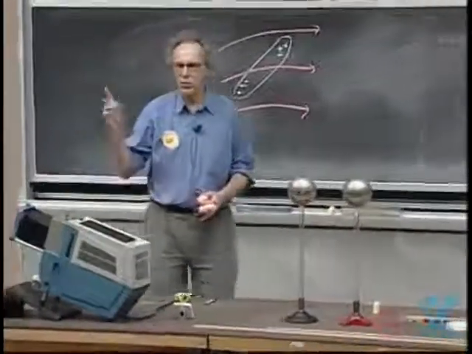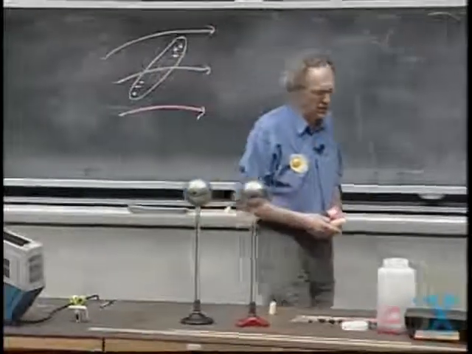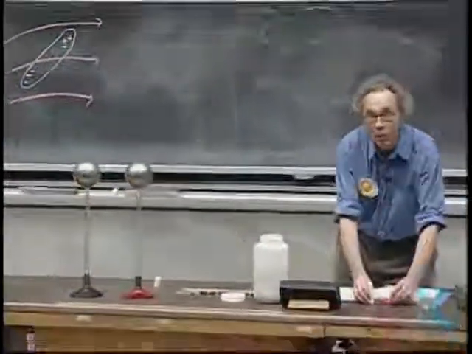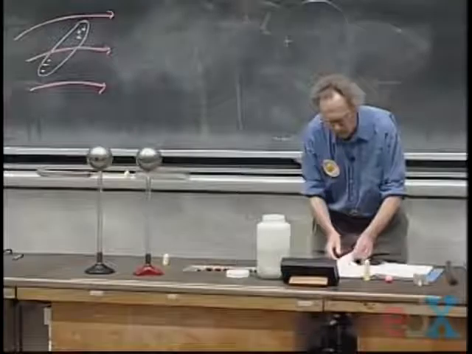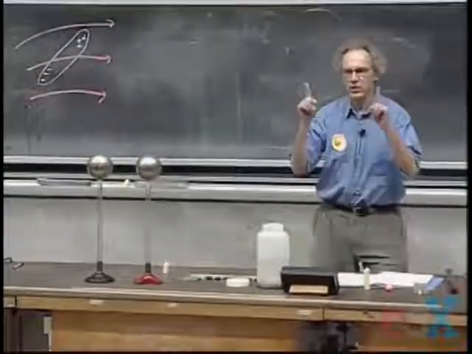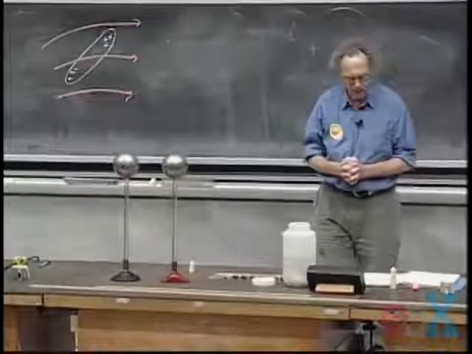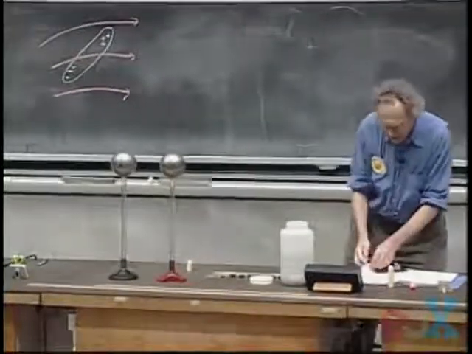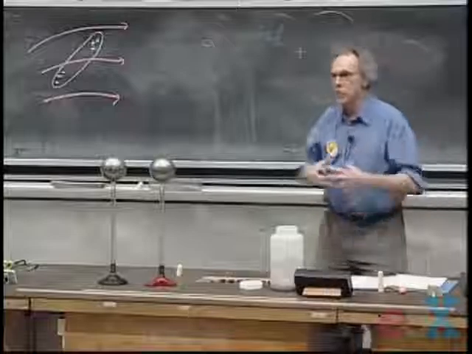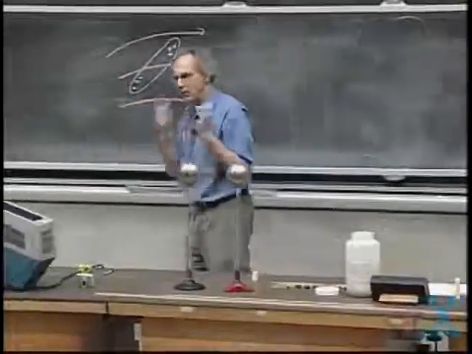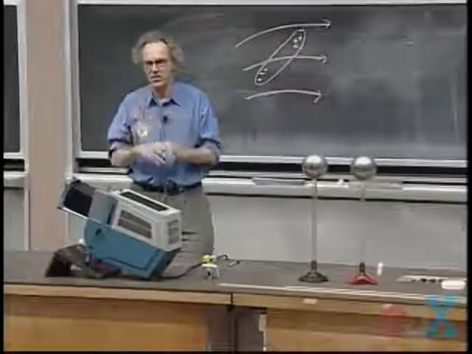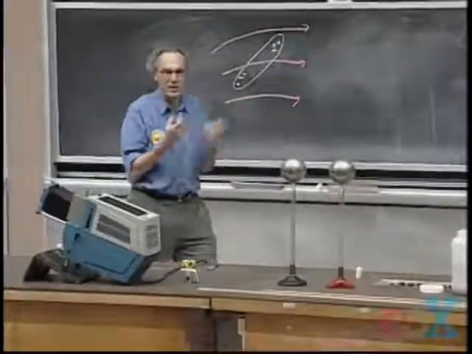And this is the way that I'm going to show you now field configurations in the vicinity of a dipole. And I will also show you field configurations in the vicinity of two charges which have equal polarity. You may have seen this in high school with magnetic fields, with iron filings. That's kid stuff. That's the easiest thing to do. This is the real thing. This is the electric field.